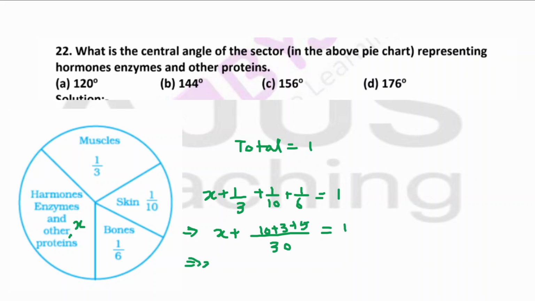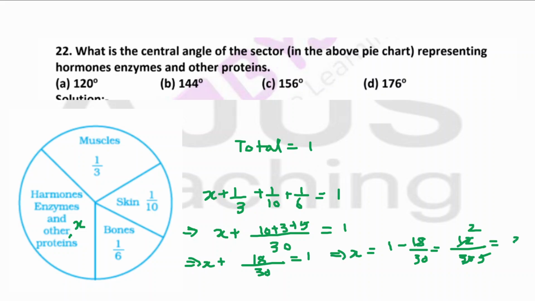This implies x plus 18 by 30 is equal to 1. This implies x is equal to 1 minus 18 by 30. 30 is the LCM. 30 minus 18 is 12. 12 by 30, which is 2 by 5. Okay, 2 by 5 is the fraction x.